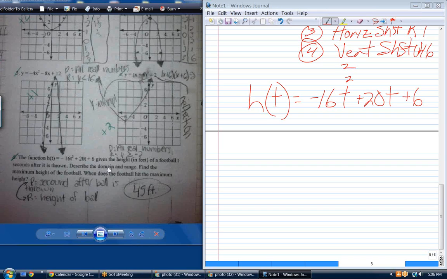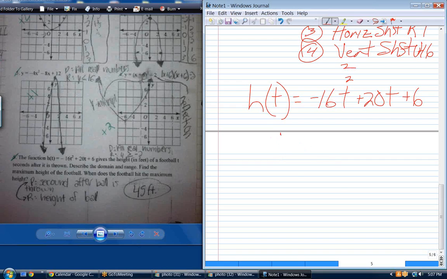Describe the domain and the range. Well, the domain is easy enough. What's the domain? All real numbers. Well, really only positive numbers, because time doesn't go backwards. In other words, since t is measured in the seconds after the ball is thrown, it has to be positive.